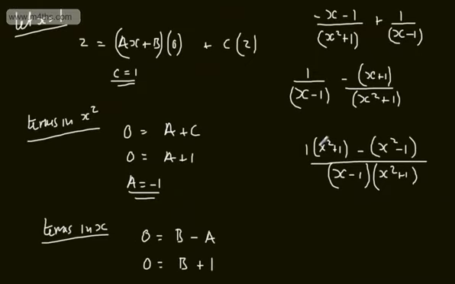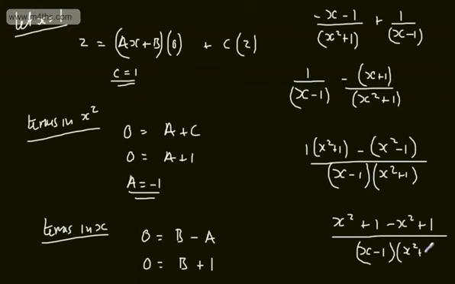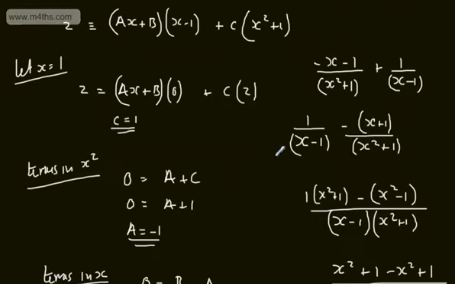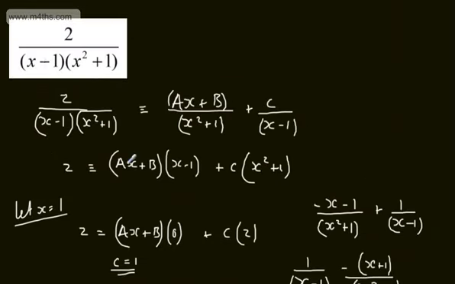When we expand this out, we get x² + 1 − x² − (−1), which is plus 1, all over (x − 1)(x² + 1). So you can see the x² cancels and leaves us 2 over the quantity (x − 1) multiplied by (x² + 1). And that now sorts it out for us. As you can see, that works very nicely, and we can deal with this case when we have a quadratic factor that we can't factor any further.